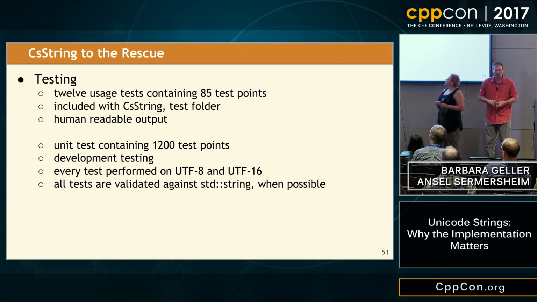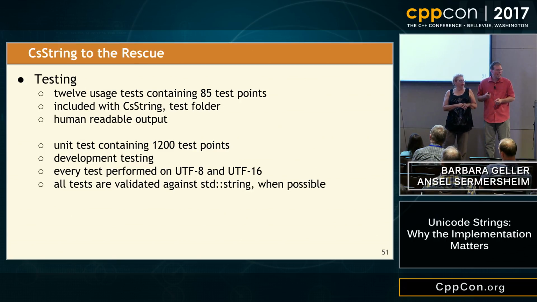So when we ran through some of the testing, Ansel wrote some not so human-readable, not so pretty testing and did about 1,200 tests. I wrote a little bit more human-readable stuff that tests about 85 different outputs. One of the great things is he tested everything that he could test against std_string. So that gave us a lot of confidence in the work we were doing.